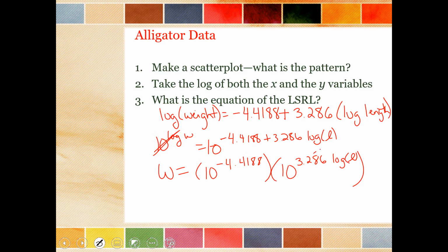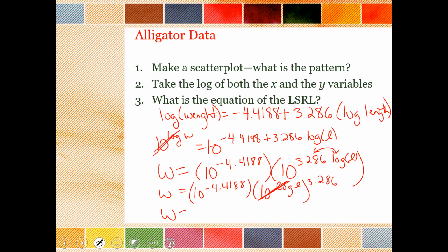I'm going to switch these two around and hope that I have enough room for this. 10 to the negative 4.4 power is a really small number. I hate it when it does that. And then I'm going to have 10 to the log L power, and then I'm going to multiply that by 3.286. These end up canceling out.